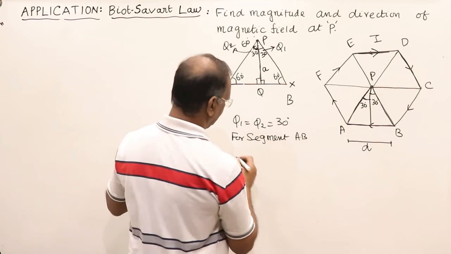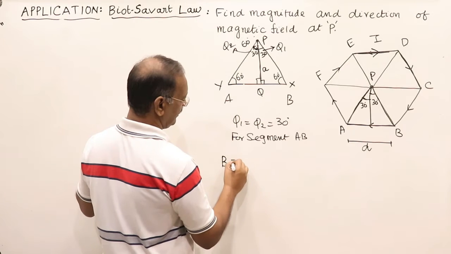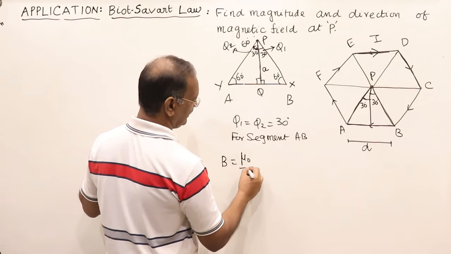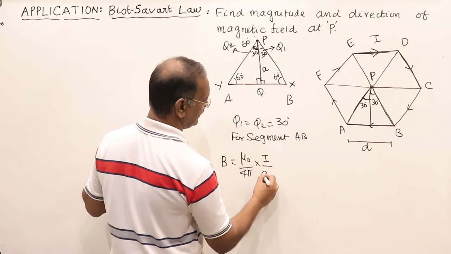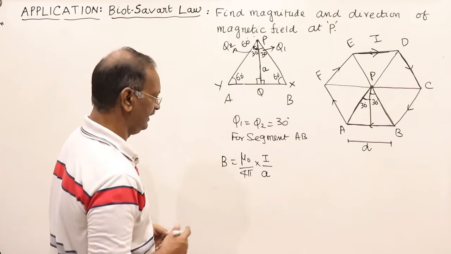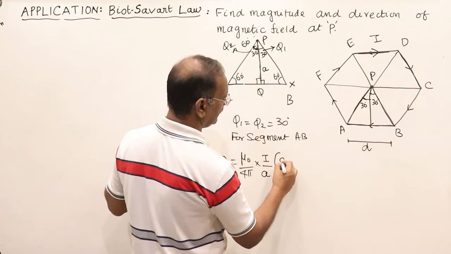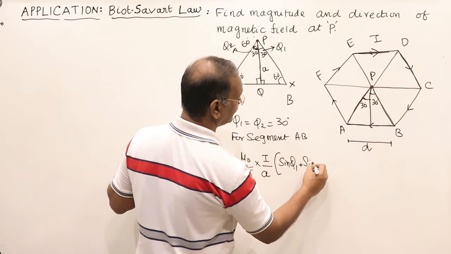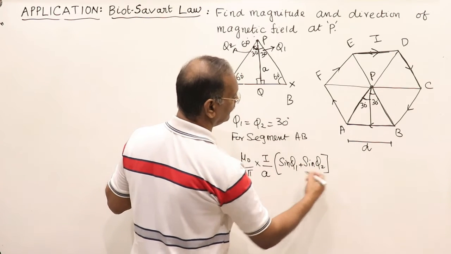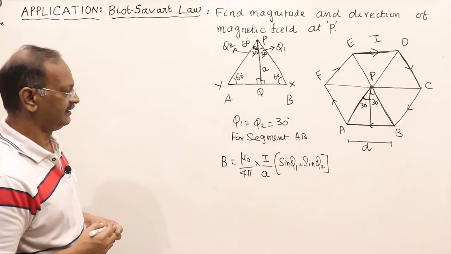And the magnetic field, what about the magnetic field? B is equal to mu naught by 4 pi into the current flowing through this one into A into sine phi 1 plus sine phi 2. This formula we have already derived.